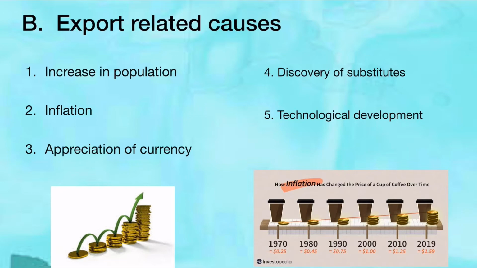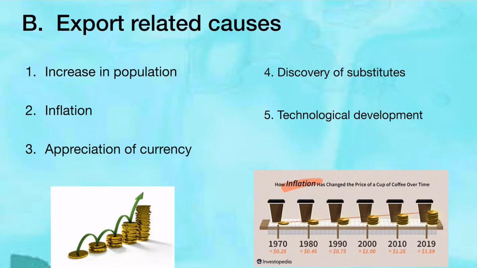Whenever the prices of goods and services increase, automatically the exports will reduce, because other countries who are importing from our country would want goods and services at affordable prices. Because of this state called inflation, they try and reduce importing. So that will directly impact our exports.